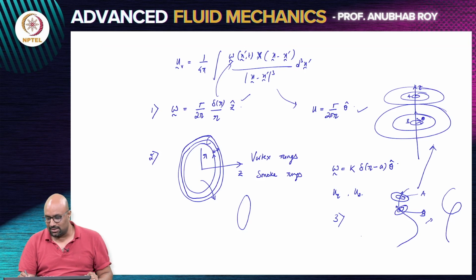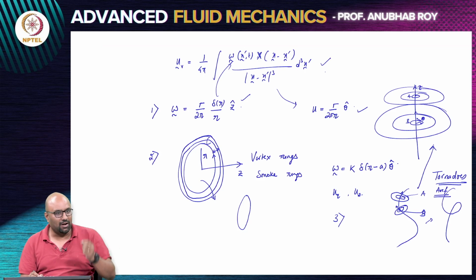It seems a little too abstract, a little too mathematical, but using these very simple ideas, people have shown that these kinds of loops or knots can form in very large scale vortical flows like tornadoes. There is a paper by Hassan Aref where he takes this Biot-Savart equation for the connection between velocity and vorticity, takes a filament and applies a certain perturbation to that filament, gives some shape to the filament.